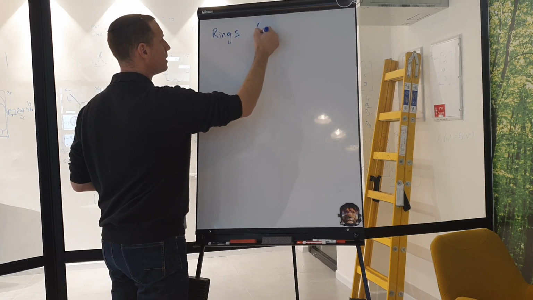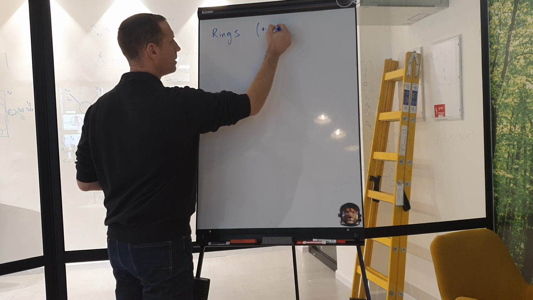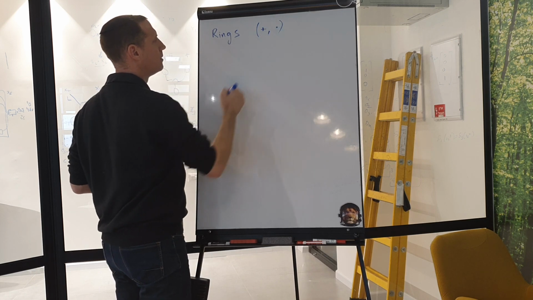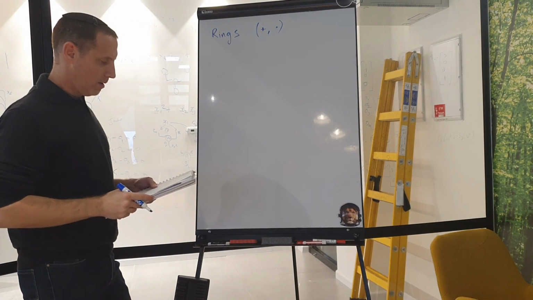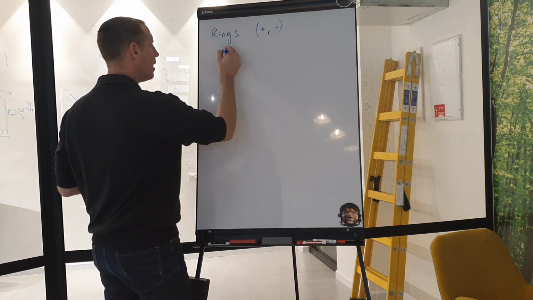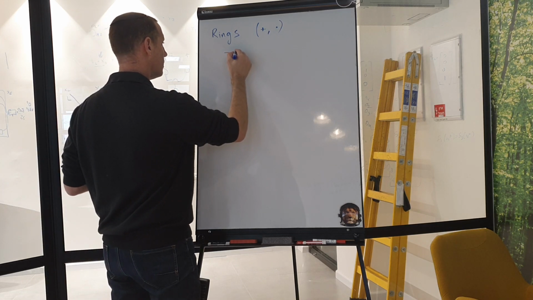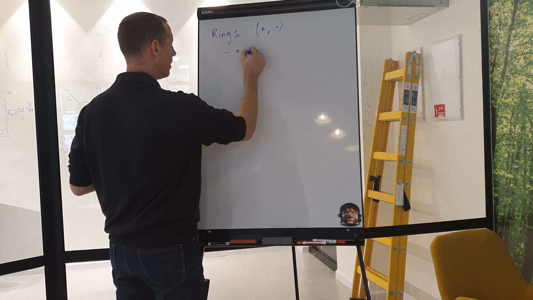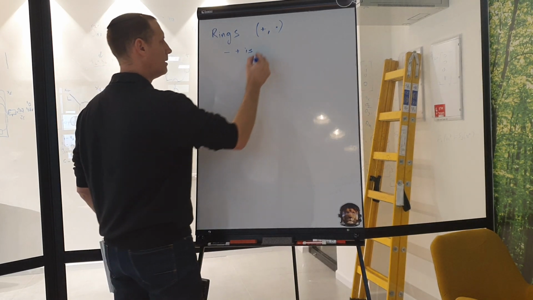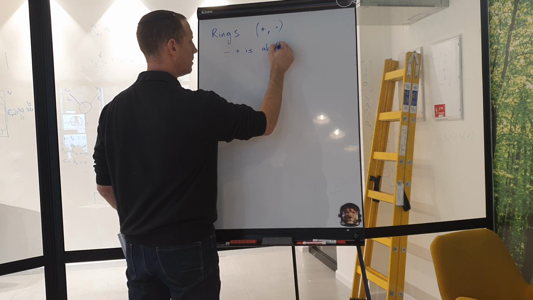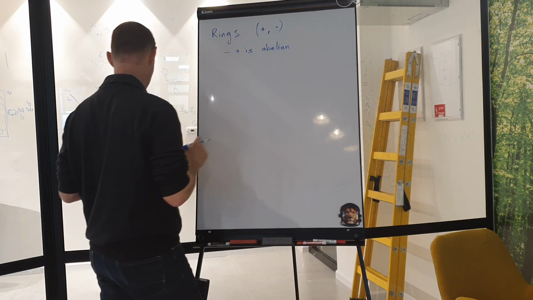We said that rings are defined. They're actually a set with two operations, right? Plus and multiply. Okay, and then what we're requiring is that the plus, I'm writing a little shorthand, is abelian. Okay, and you should already know what that means.